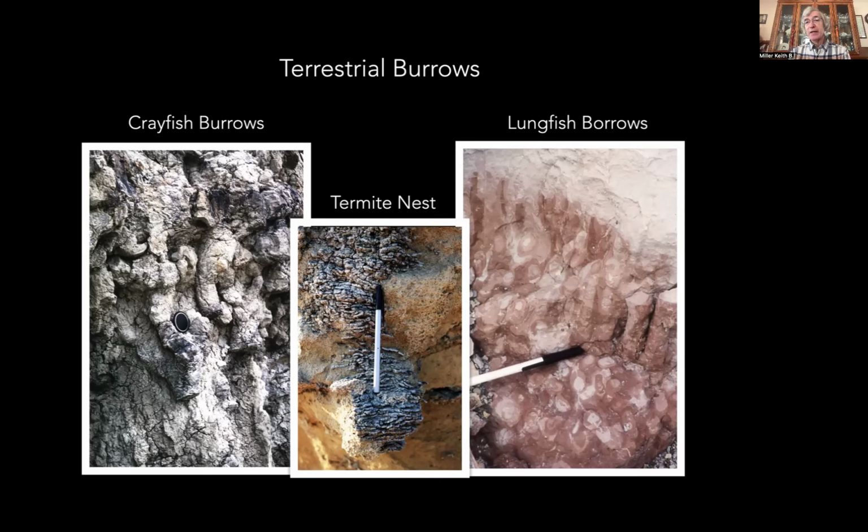And the right hand are lungfish burrows. Lungfish burrows indicate a very seasonal environment in which lakes are temporary, they're ephemeral. So during an extended dry season, or maybe for a couple of years, the wet season is missed. And what the lungfish do is they burrow down into the sediment. It's called estivation.